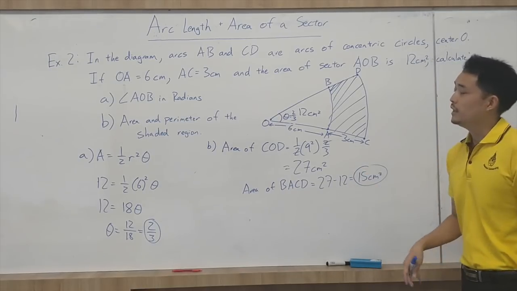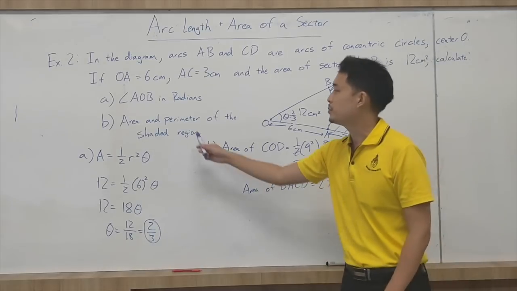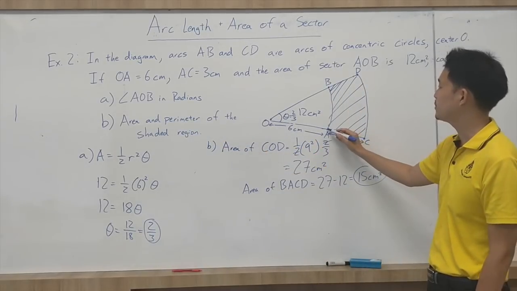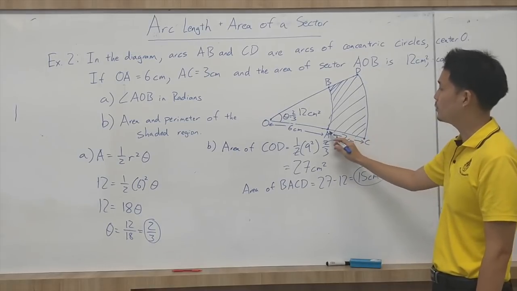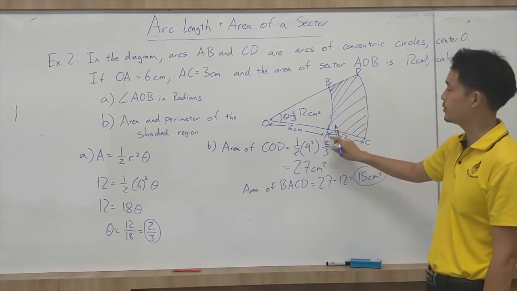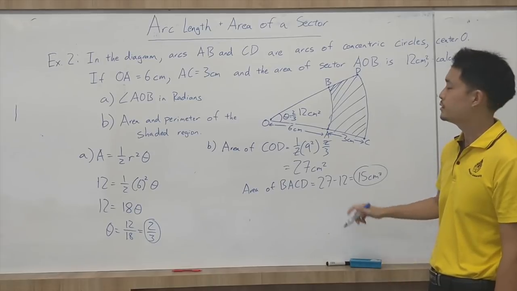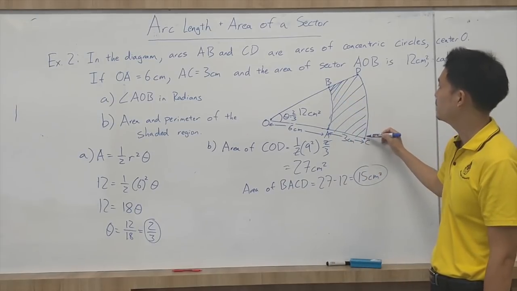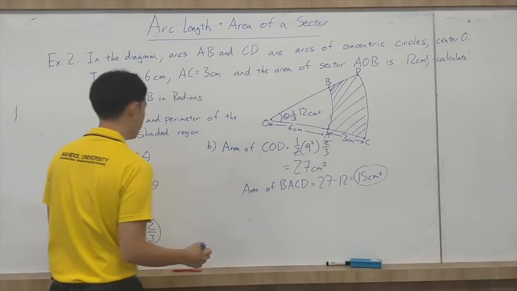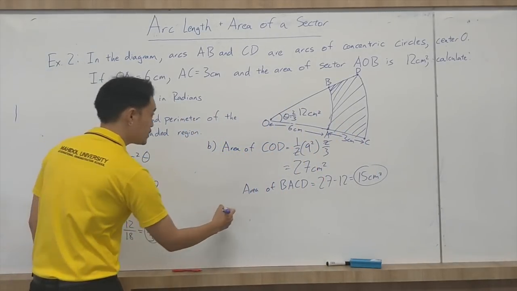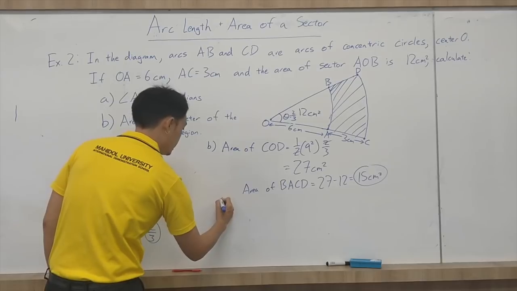Okay? Last thing we've got to find is the perimeter of the shaded area. So that means we've got to find the length of this arc, the length of this arc, and of course we already know AC and BD because these are 3 and 3. So we just got to find the length of this arc and this arc. So in order to do that, let's start with our formula.